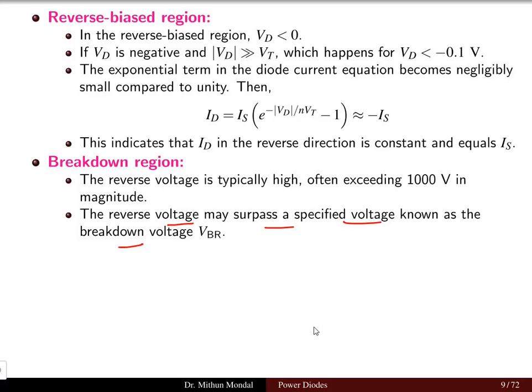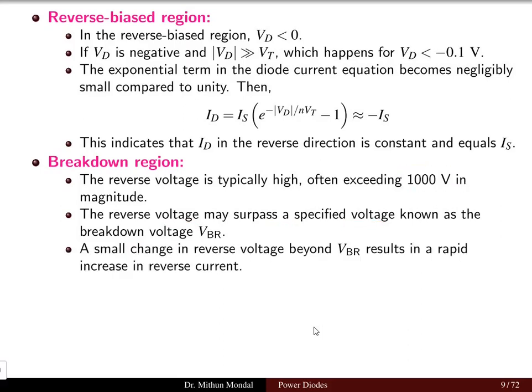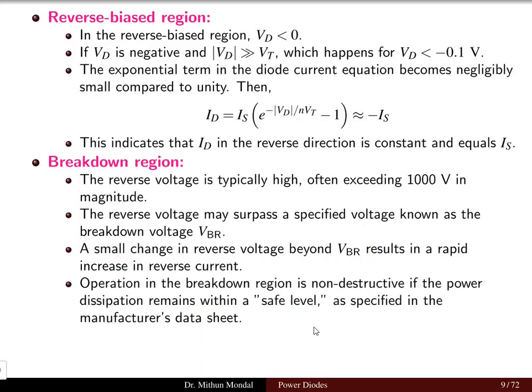If it surpasses this voltage, maybe 1000 volt as an example, then there will be a breakdown. A small change in the reverse voltage beyond this breakdown results in a large increase in reverse current. So we have seen in the practical condition that there is a reverse saturation current flowing, and here you have the reverse breakdown region, where a very high current flows.